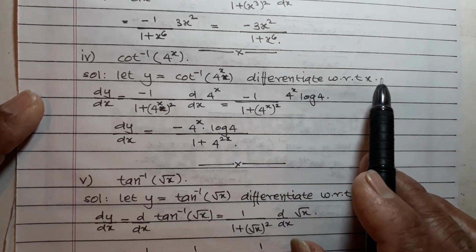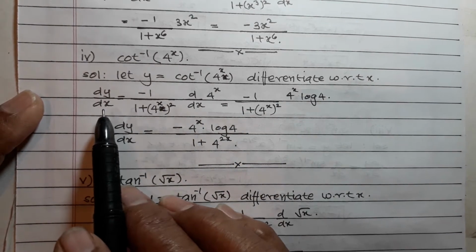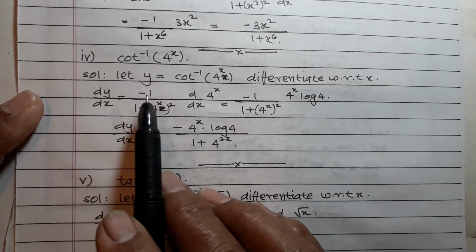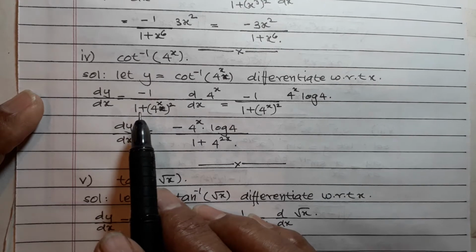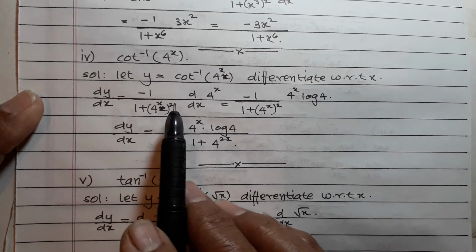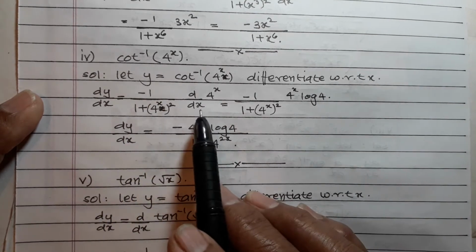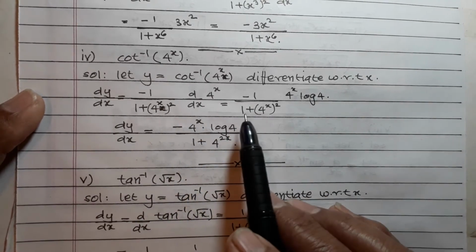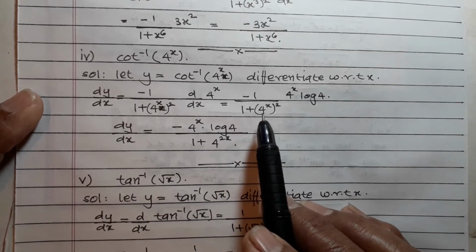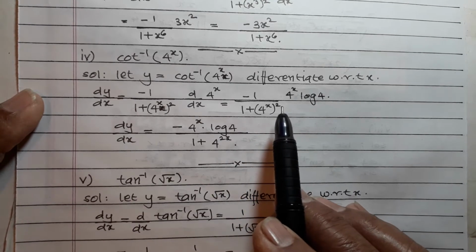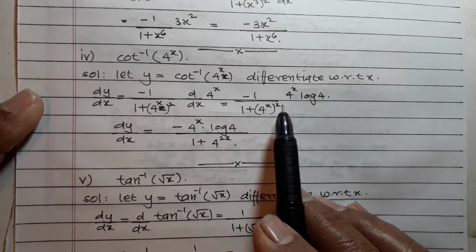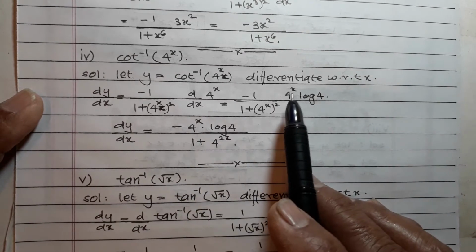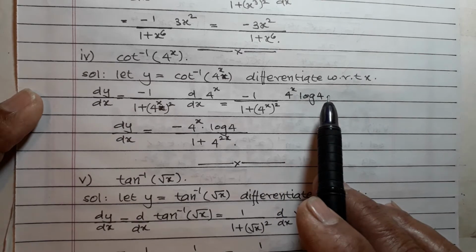Differentiate with respect to x. dy/dx is equal to the derivative of cot inverse, which is minus 1 upon 1 plus (4 raised to x) square, into the derivative of 4 raised to x, that is 4 raised to x log 4.